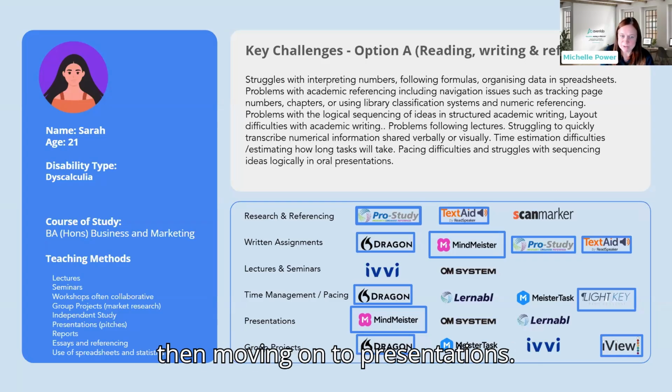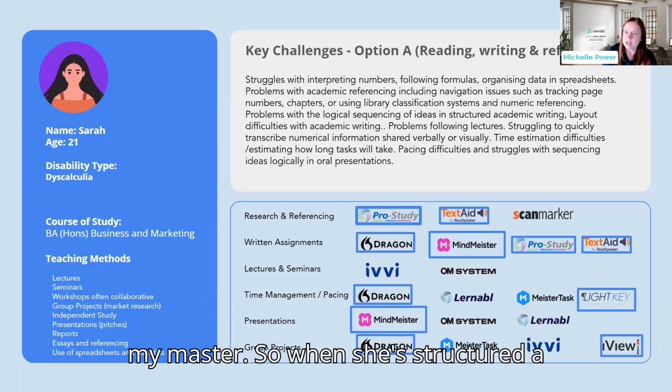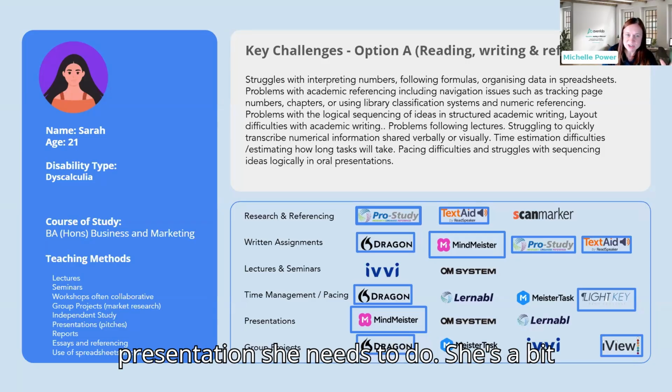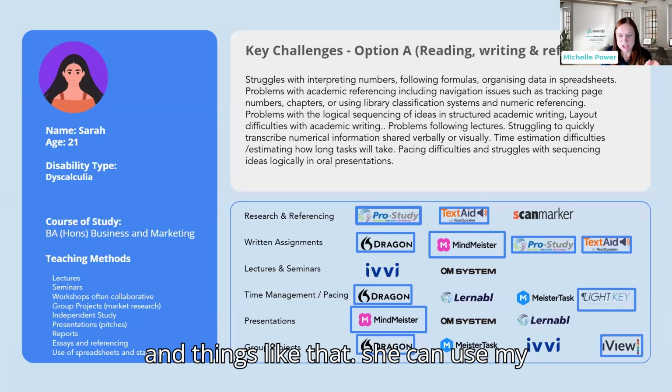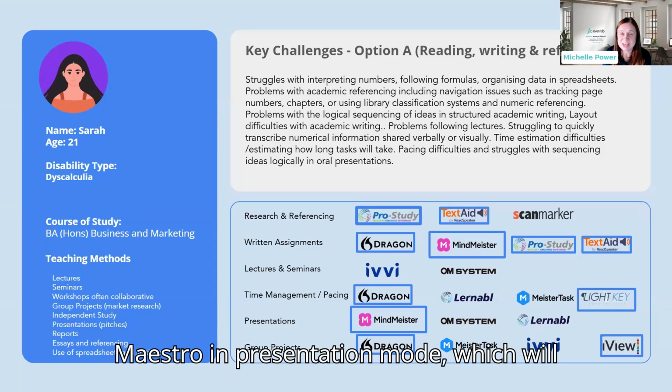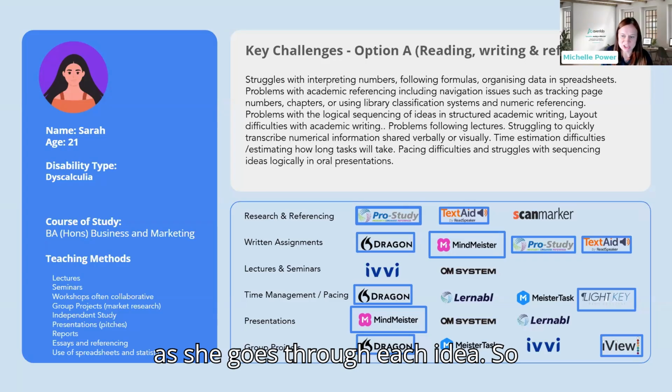And then moving on to presentations, MindMeister is going to really help with that. You can use presentation mode in MindMeister. So when she's structured a presentation she needs to do, she's a bit nervous and a bit worried about pacing and things like that, she can use MindMeister in presentation mode, which will structure her presentation automatically as she goes through each idea.